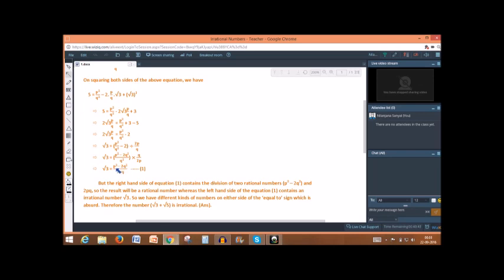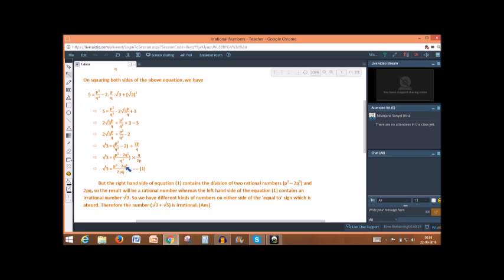And we know that integers, when subtracted from one another, yield an integer as a result. So p square minus 2q square will give us an answer which will be an integer.